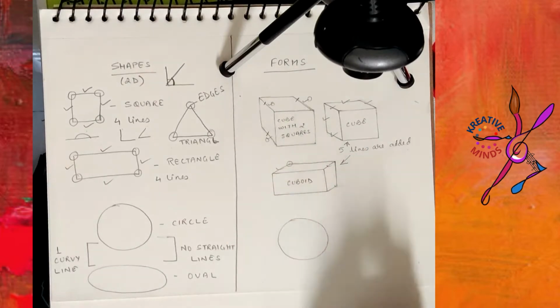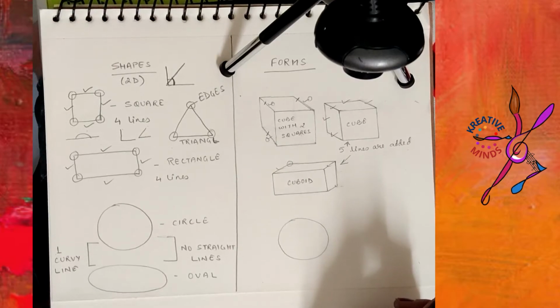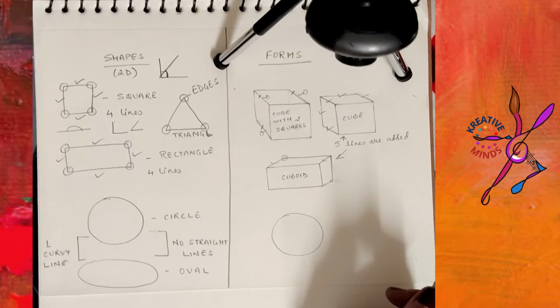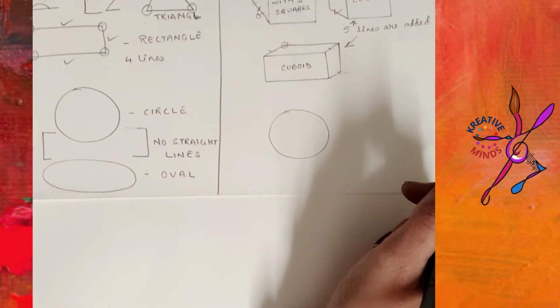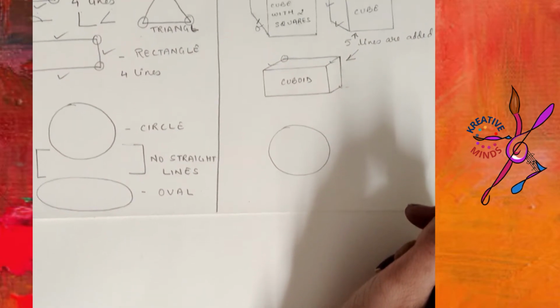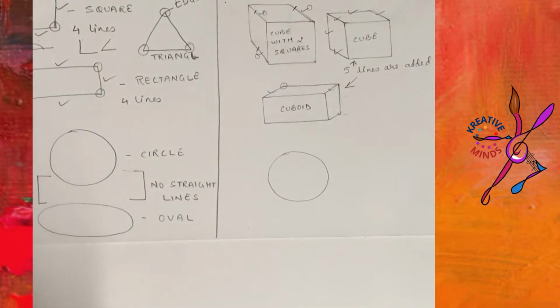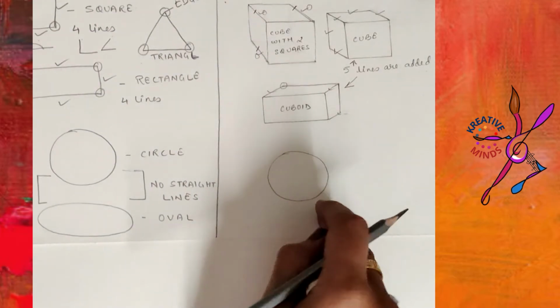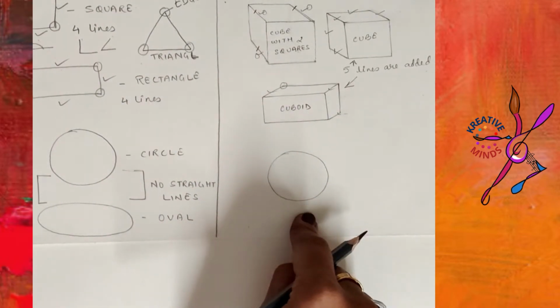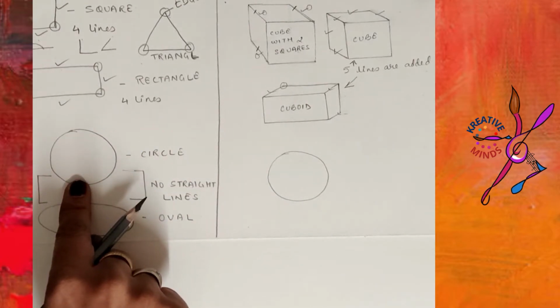Where do I add lines in this? Nowhere. So how do I make the difference between this and this?